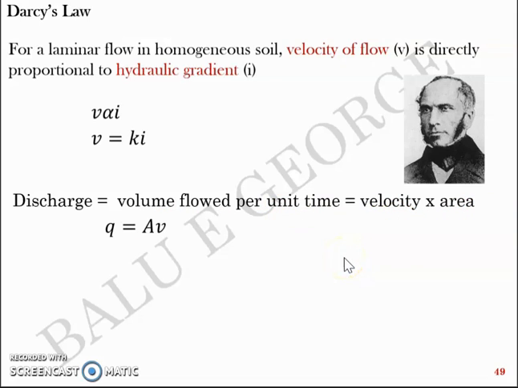So Q is equal to A into v, area multiplied by velocity. Now velocity, as per the first equation, is k multiplied by i. So in short, discharge Q is k multiplied by i multiplied by A, where k is the coefficient of permeability, i is the hydraulic gradient, and A is the cross-sectional area.